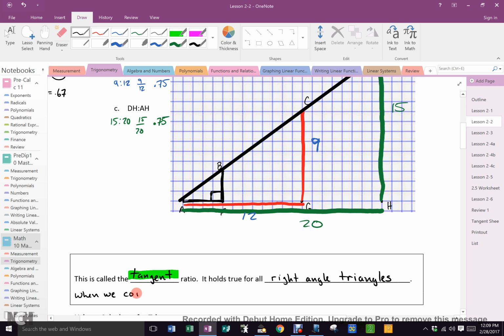When we compare, what is the proper name for the sides of a triangle that aren't the hypotenuse? Right. When we compare the legs, every angle makes a unique ratio.